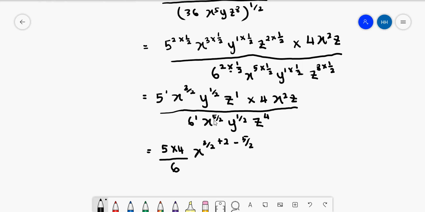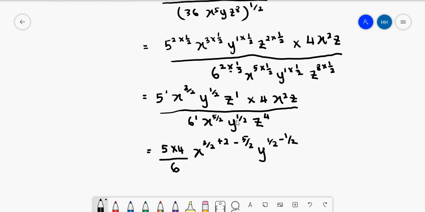And then for y, it is power 1 over 2. Multiply, at the back here you don't have y, so no operation here, but has divide y to the power of 1 over 2, right? So minus 1 over 2.